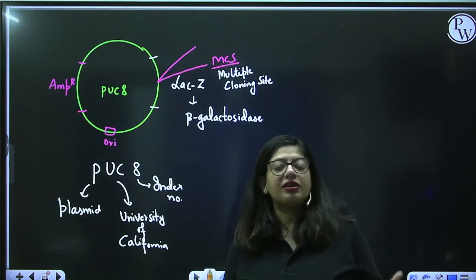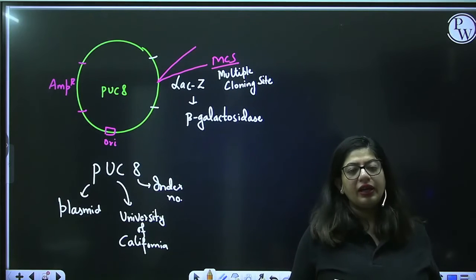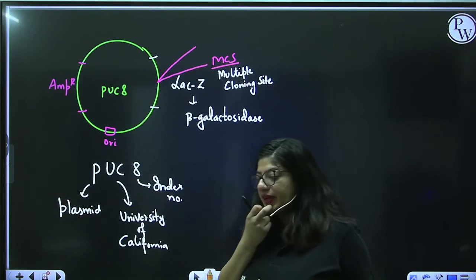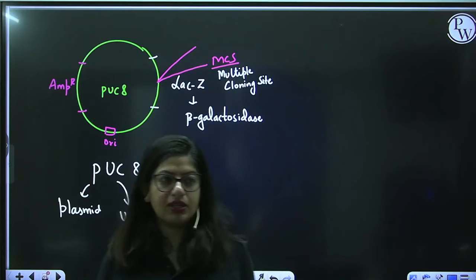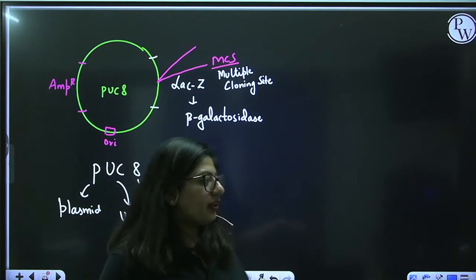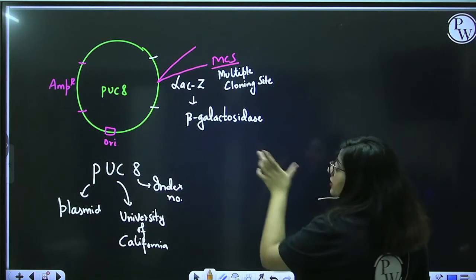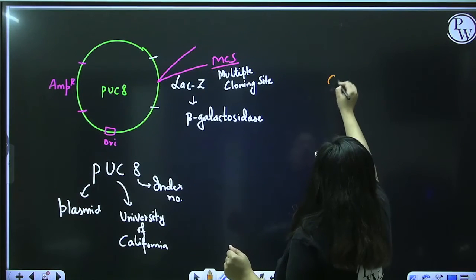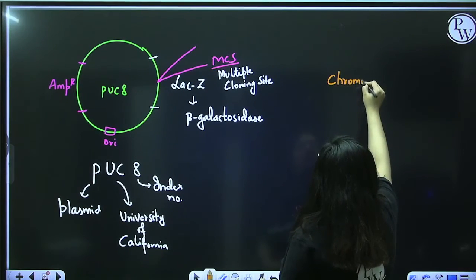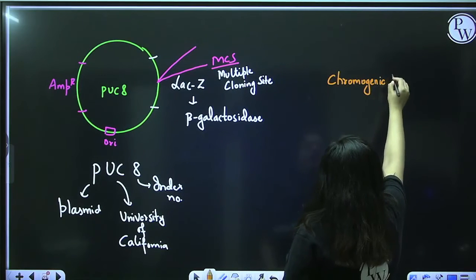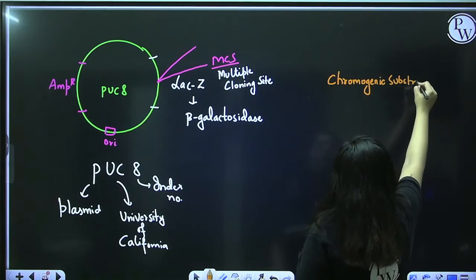First of all, let's understand how this works. For example, antibiotic resistant genes were working by giving the resistance towards a particular antibiotic to the bacteria. Now, how does this one work? See, beta-galactosidase is an enzyme. Whenever we add a chromogenic substrate, chromo means that will later on give you the color.